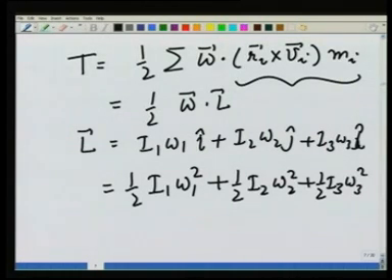So, you see, if I work with the principal axes of the rotating body, my expressions become simple. The added complication is that now the principal axis itself is rotating with the body. So, we have to now look at how to handle this.